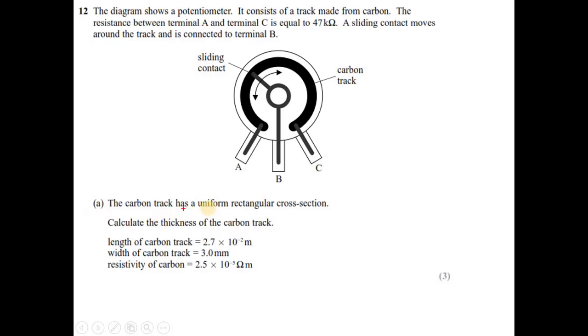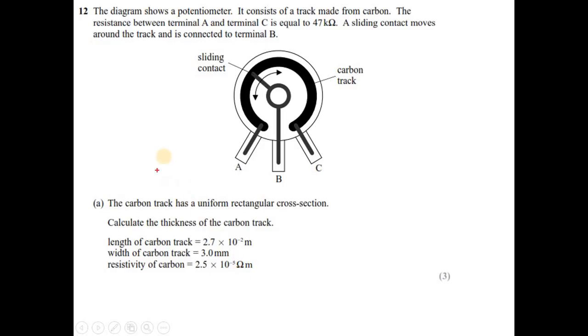The carbon track has a uniform rectangular cross-sectional area. Calculate the thickness of the carbon track. The length of the carbon track is 2.7 centimeter, the width of the carbon track is 3.0 millimeter, and the resistivity of carbon is 2.5 times 10 to the power minus 5 ohm meter.